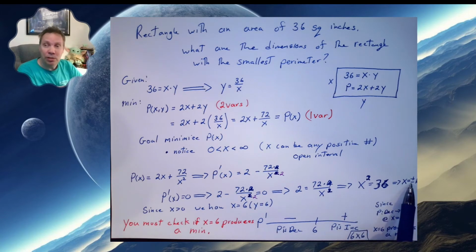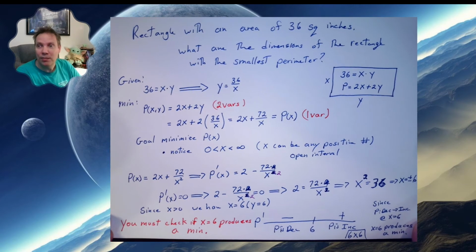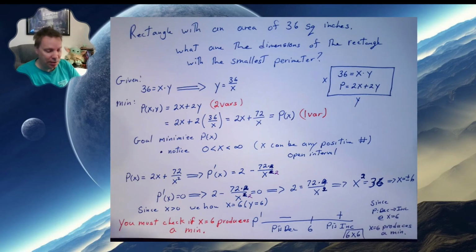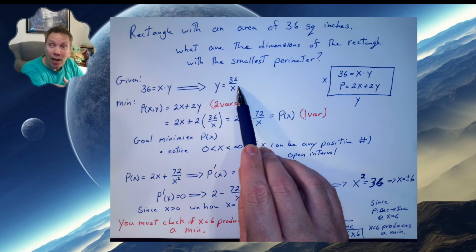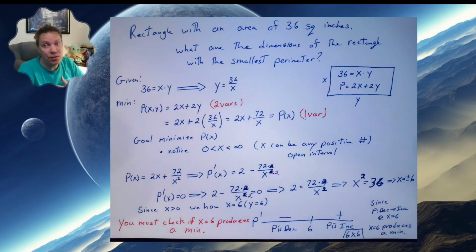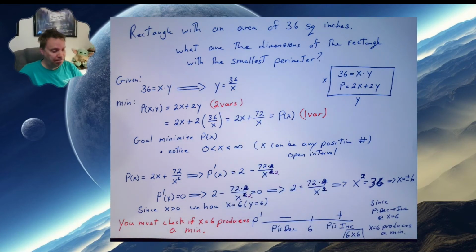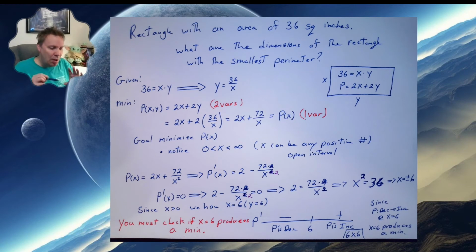This produces two solutions. x is equal to positive 6, x is equal to negative 6. But since we know x is positive, we have x is equal to 6. And if we go back up to here, we know that y is also equal to 6, because 36 divided by 6, well, that's 6. But that is just a possible answer.